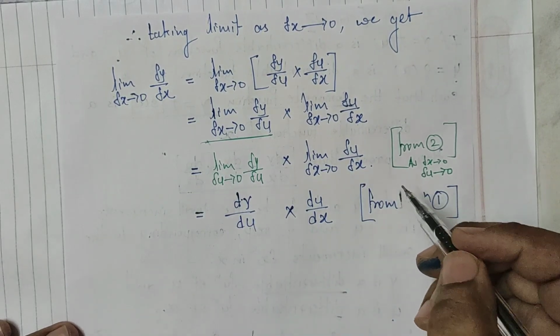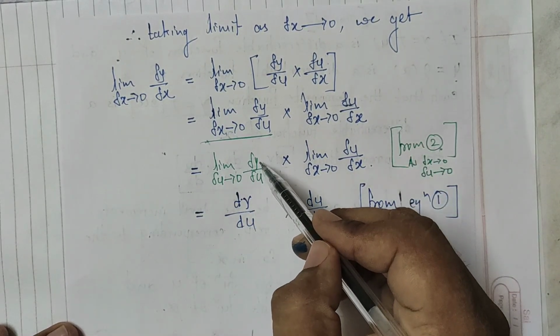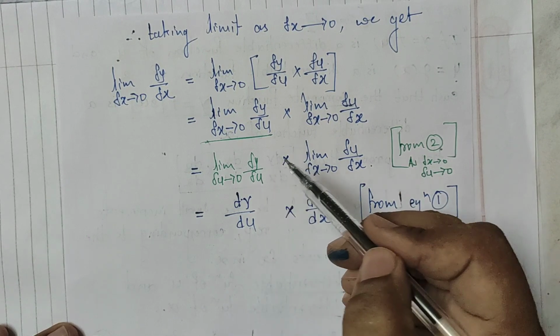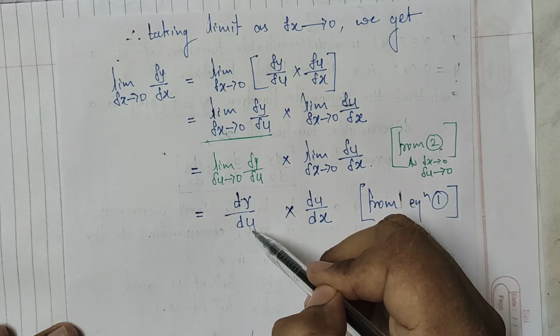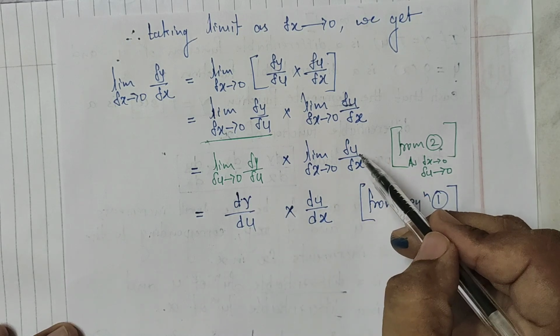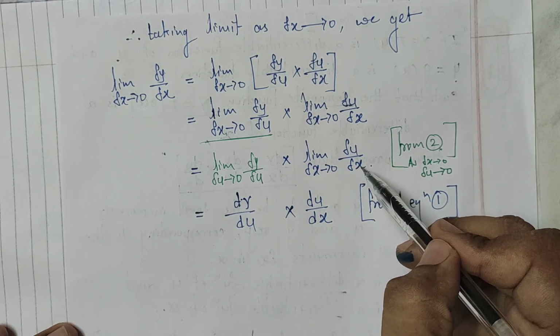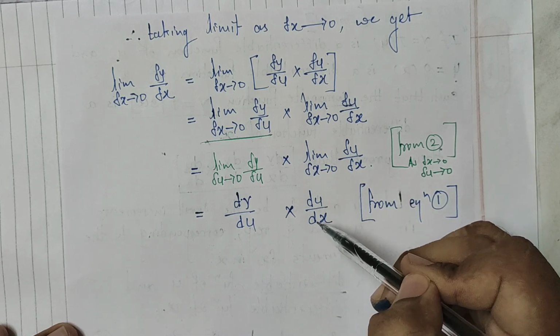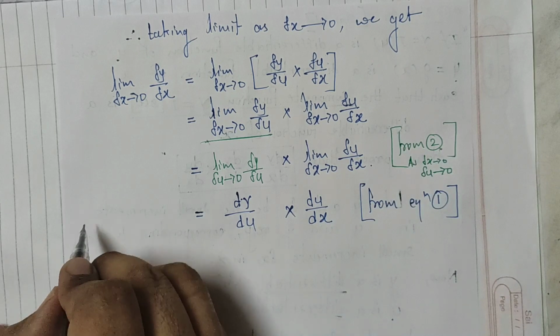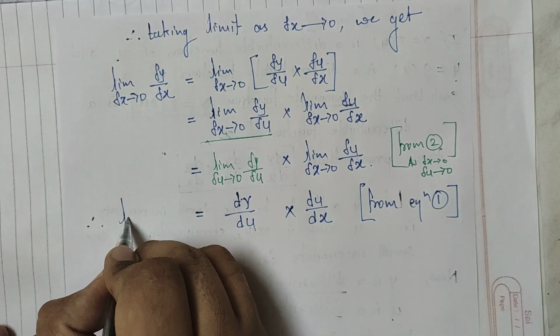Equation number first says if y is a differentiable function of u, therefore we can find its derivative in the form dy upon du. And u is also a differentiable function of x, that's why we can find its derivative du with respect to dx.